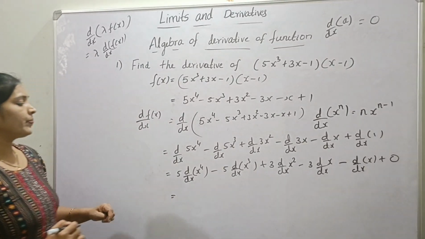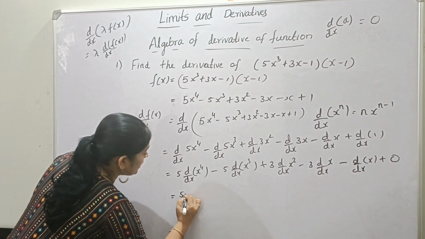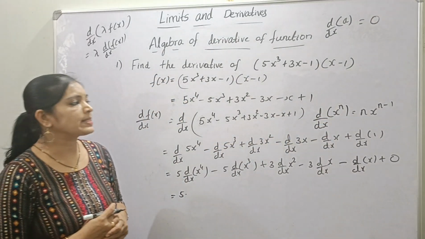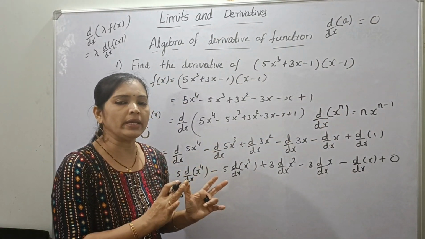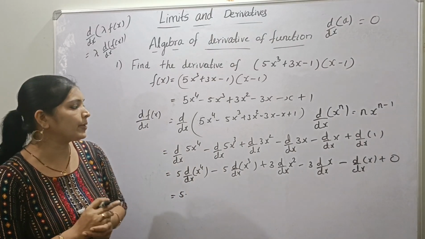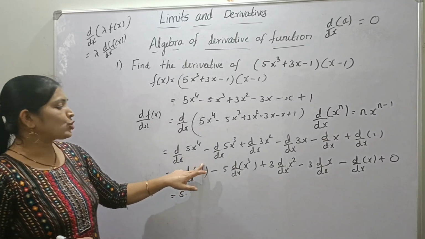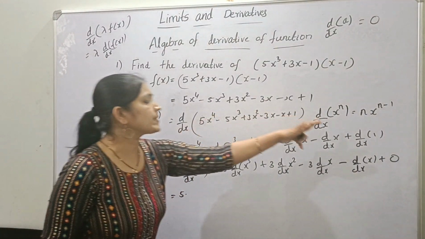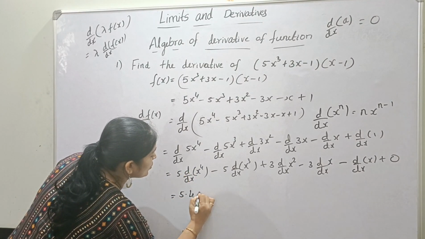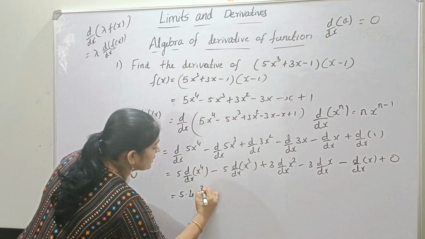That is equal to 5 into... here we will apply this formula: the derivative of x raised to n is equal to n into x raised to n minus 1. Here n is a positive real number. So for x raised to 4, n is equal to 4, so 4 into x raised to 4 minus 1, that is 3.